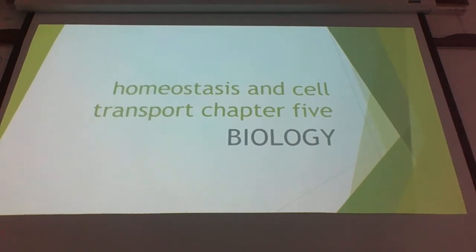But anyway, the different types of transport across the cellular membrane we talked about are diffusion, osmosis, and facilitated diffusion. And those three have this in common: they do not require any energy. It's the active transport that will require energy.